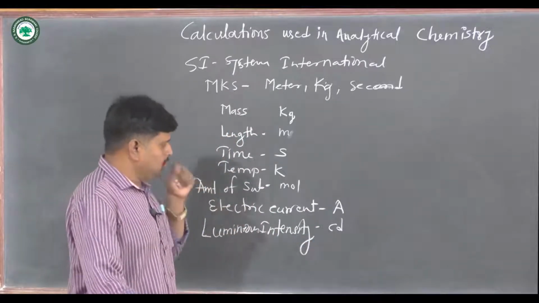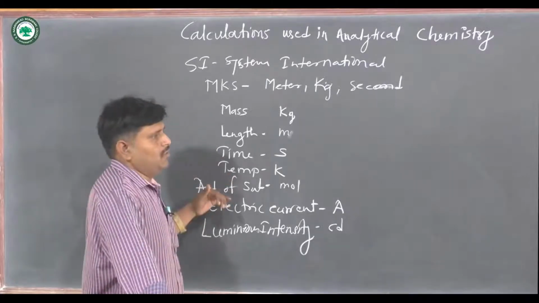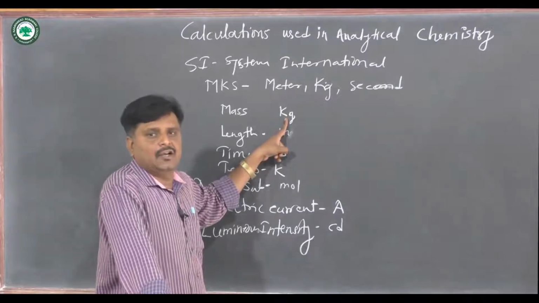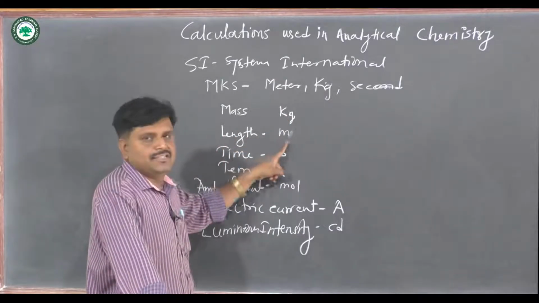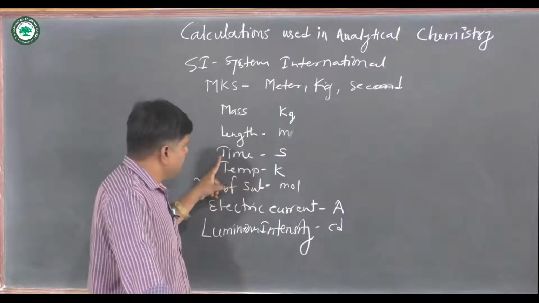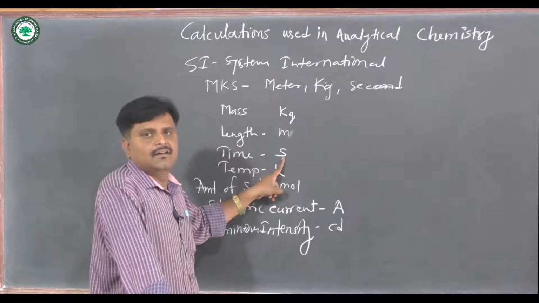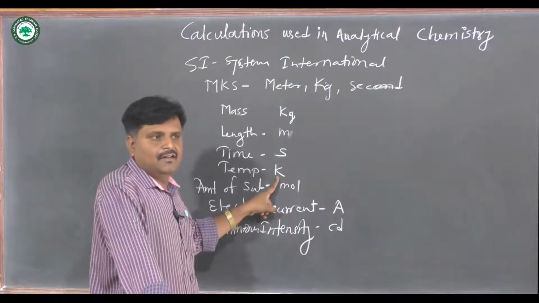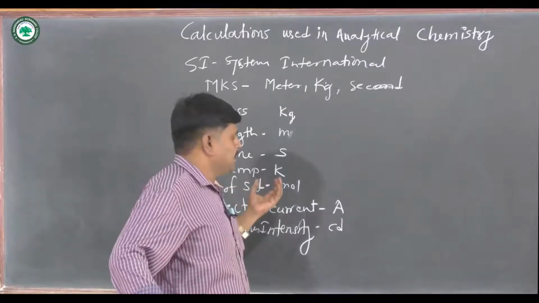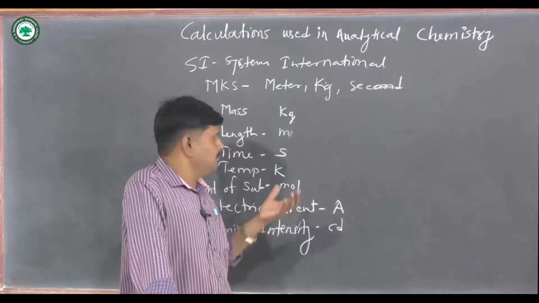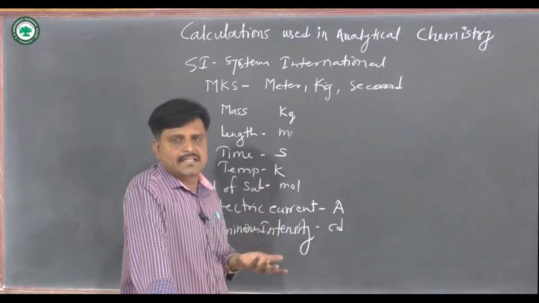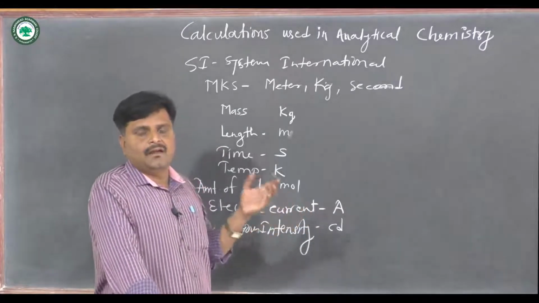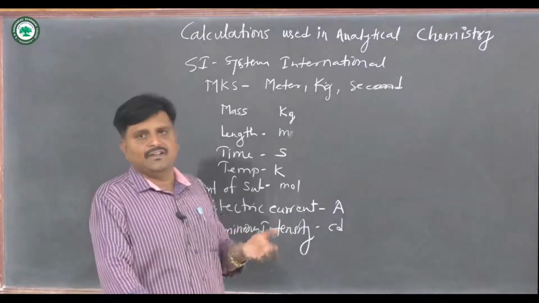So we can take an overview. Mass is measured in kilograms, length in meters, time in seconds, and temperature in Kelvin. In day-to-day analytical experiments we use degree Celsius, which we can convert into Kelvin by adding 273.